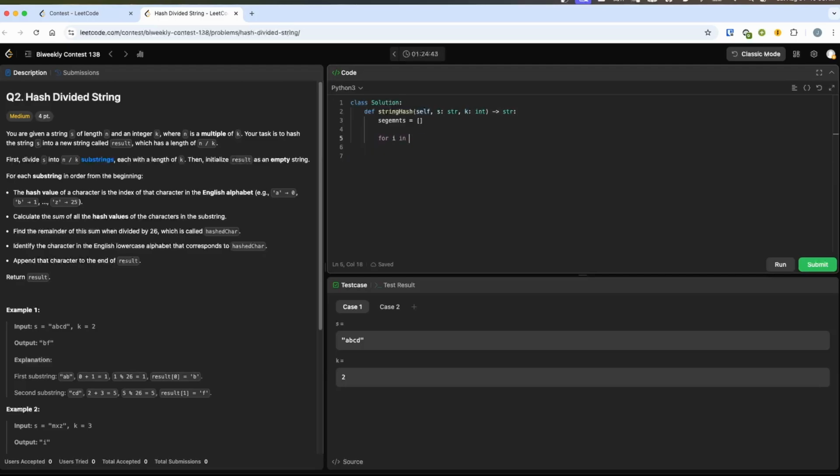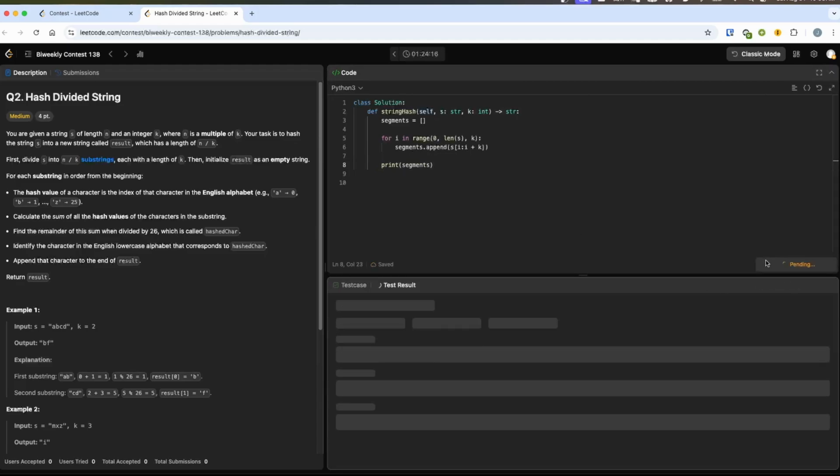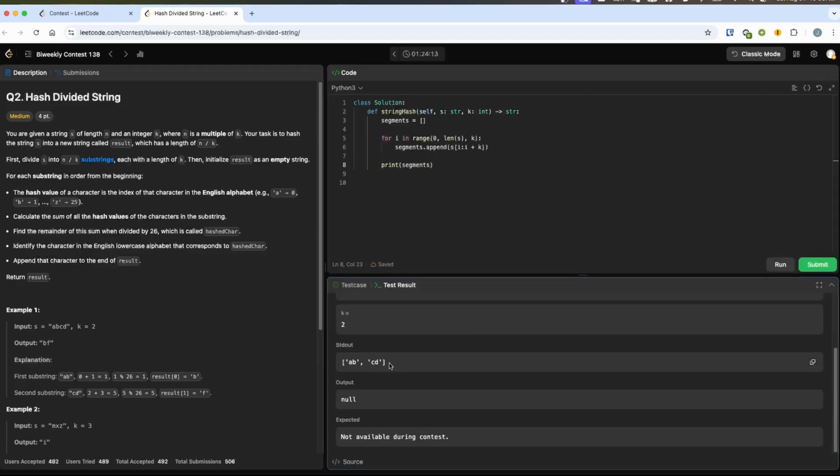We do for i in range from 0 to length of s, and go up by k. We can do segments append s[i:i plus k]. Okay, so that worked.